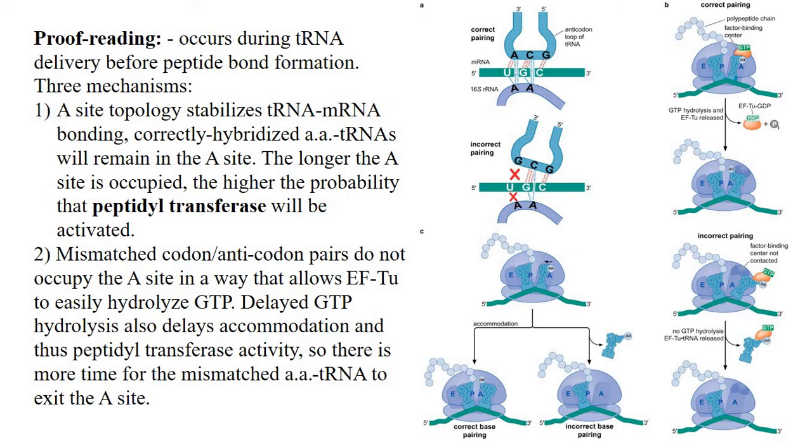If that complementarity is not there, it will be assumed that this is an incorrect tRNA, so it will be removed from the site. There are three different methods of assessing whether the tRNA is correct or not based on the codon-anticodon complementarity. The proofreading occurs during tRNA delivery, before peptide bond formation occurs.